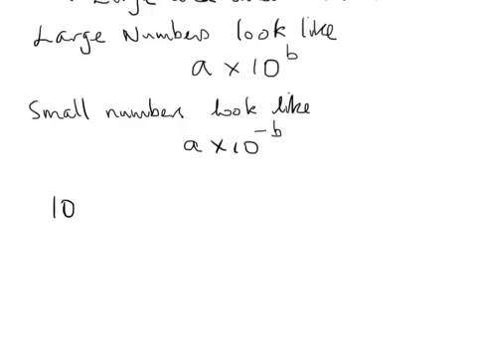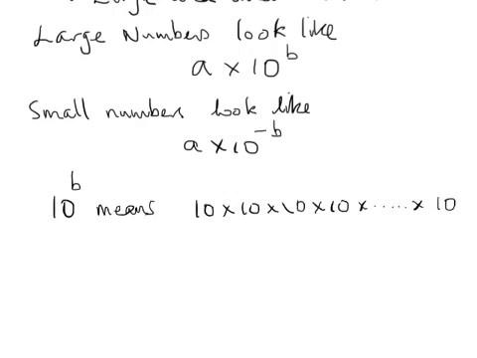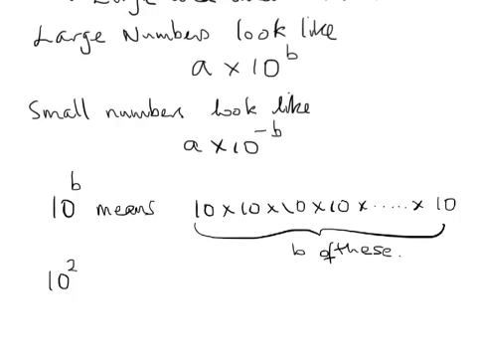Well, 10 to the power b means 10 times 10 times 10 times 10 times, keep going, and there are b lots of those, b of these. So for example, 10 to the power 2 means 10 times 10. There are two of them.